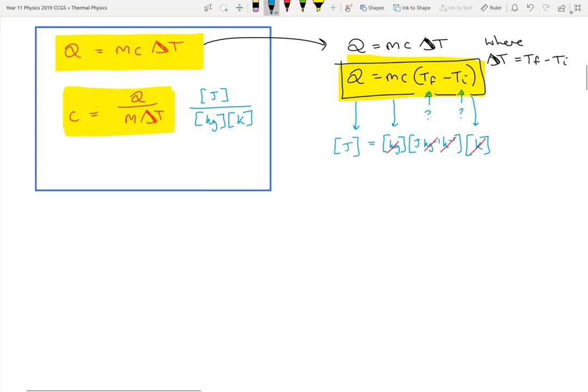This is called dimensional analysis. This is a very handy tool. It is not in the syllabus.